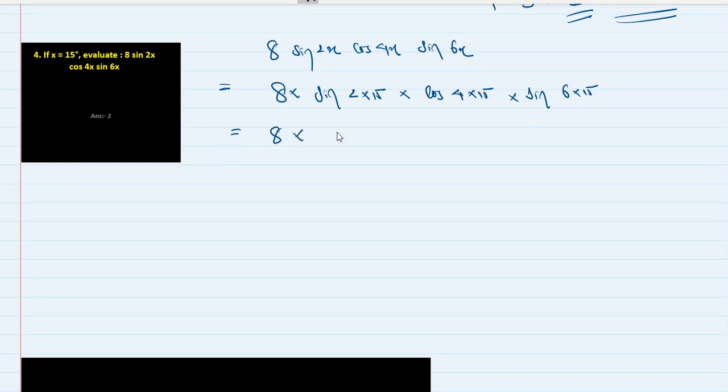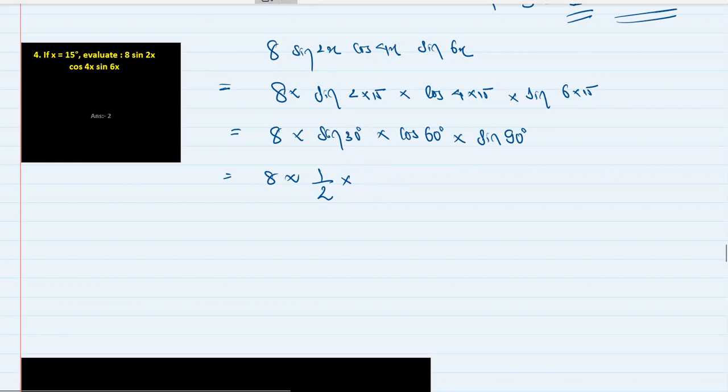So 8 times sine 30 times cos 60 times sine 90. That is 8 times sine 30 is 1 by 2 times cos 60 is root 3. I'm sorry for that. Cos 60 is also 1 by 2 times sine 90 is 1. So 8 by 4, which is 2. Very easy.